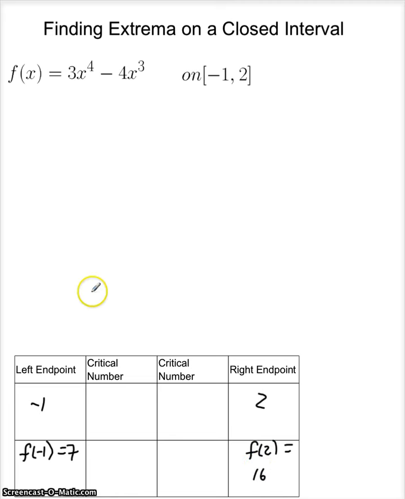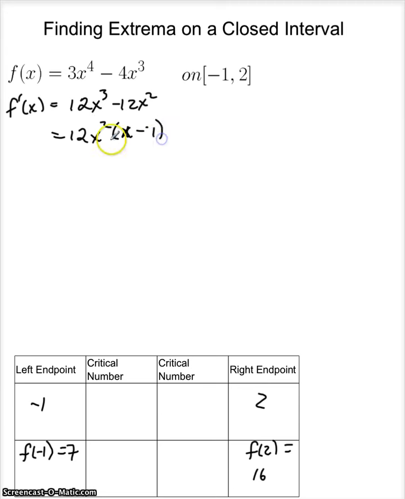All right. Now we need to find the critical numbers. To find the critical numbers, we need to take the derivative and set that equal to 0. So this is 12x cubed minus 12x squared. I'm going to factor out 12x squared from both. So this is 12x squared times x minus 1.